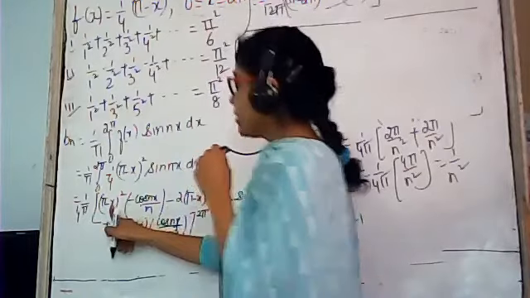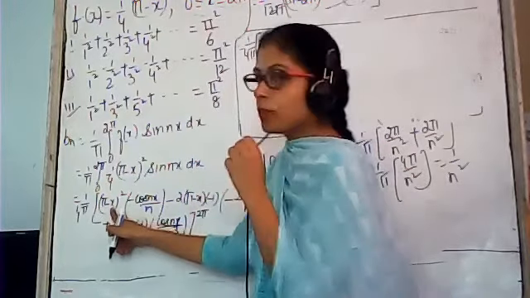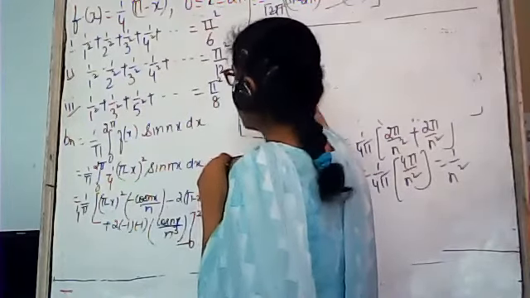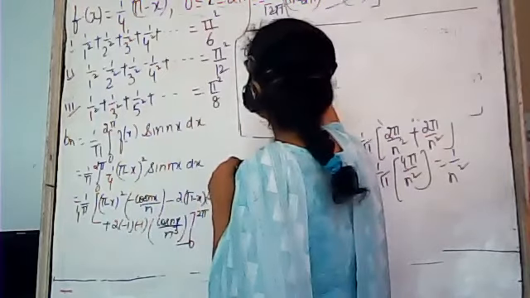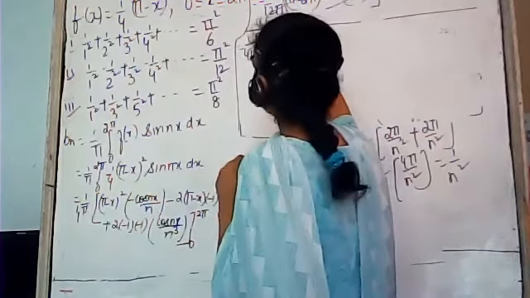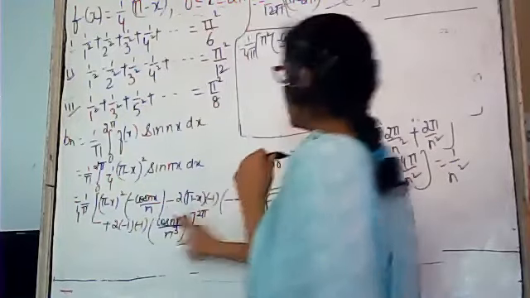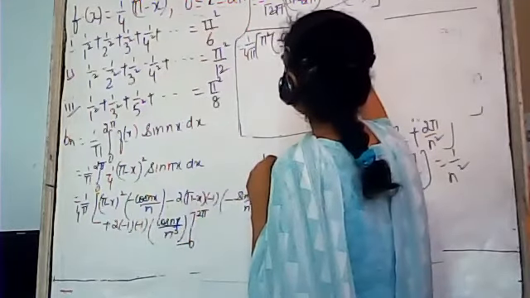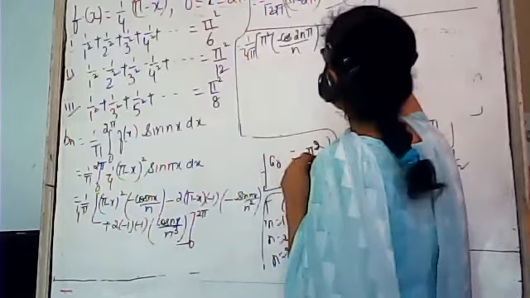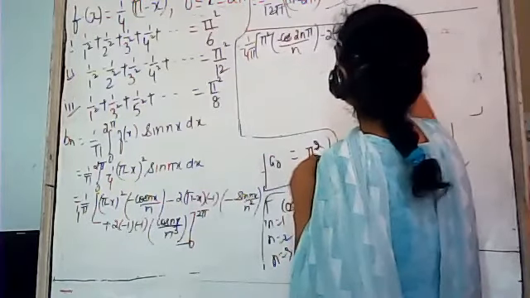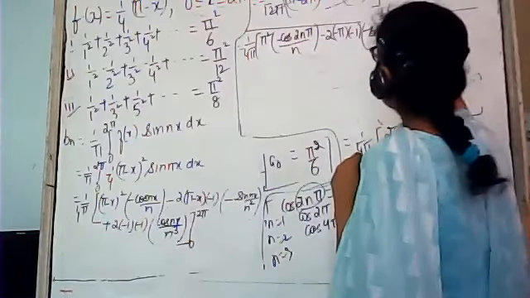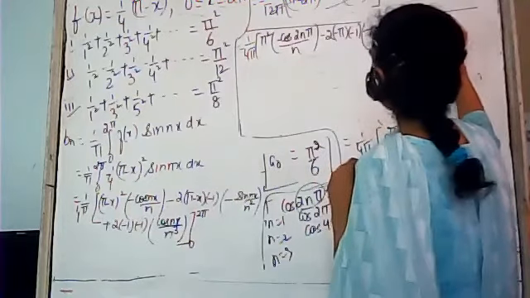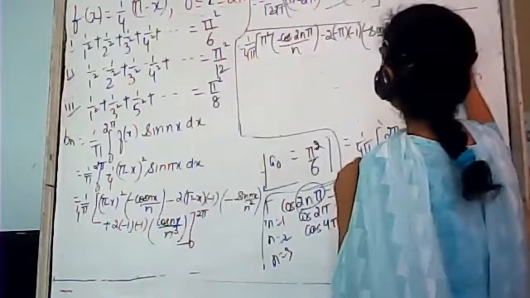First of all, we have to put 2 pi in the place of x: pi minus 2 pi will be equal to minus pi, and minus pi the whole square is pi square, minus cos 2n pi divided by n, minus 2, this is again pi minus 2 pi, this is minus pi, minus 1, minus sine 2n pi upon n square, plus 2. Minus 1 into minus 1 is plus 1. And again, this is cos of 2n pi upon n cube.